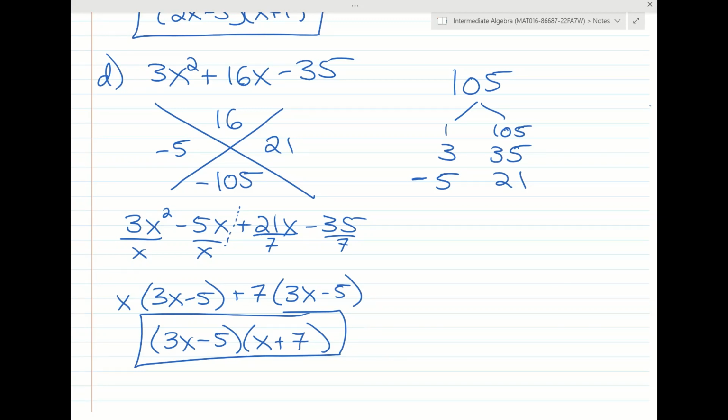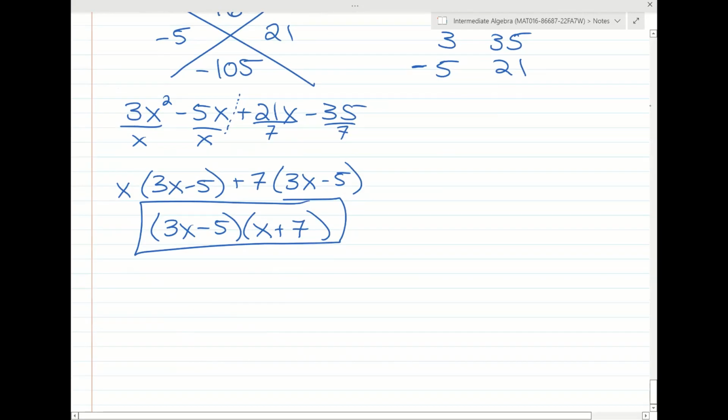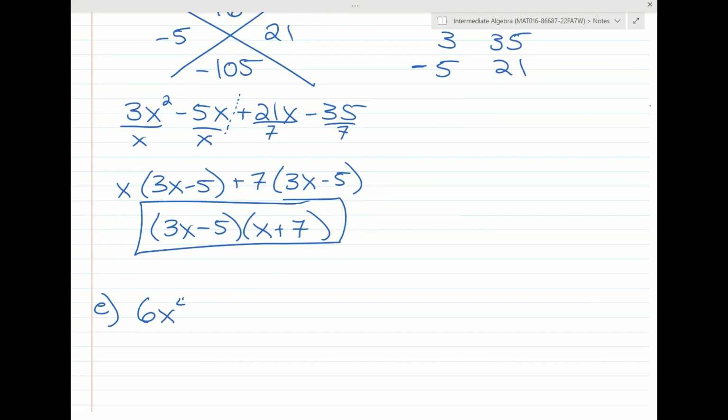I have maybe 3 more to wrap things up here. What if you had 6x to the 4th minus 42x to the 3rd plus 72x squared?